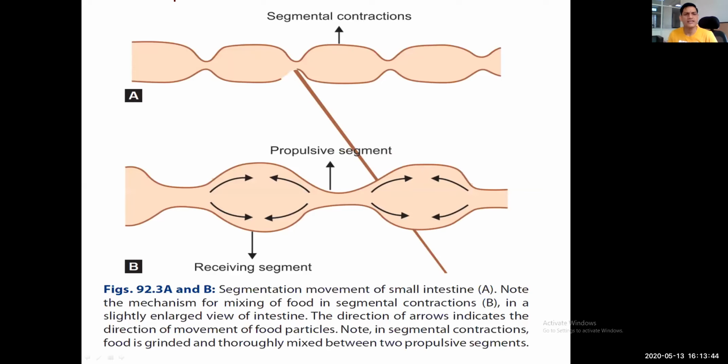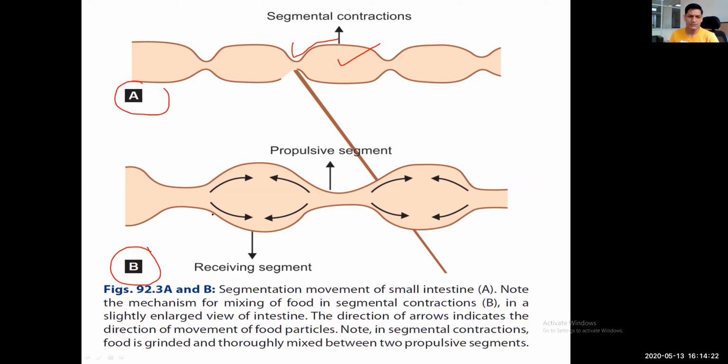As you can see here in part A, there is a segmentation of the small intestine, whereas this is mainly the contracting part, segmentation contraction. Here the contraction is seen, and here it is a receiving part. And in B, in a larger view, you can see there is a receiving segment and a propulsive segment.